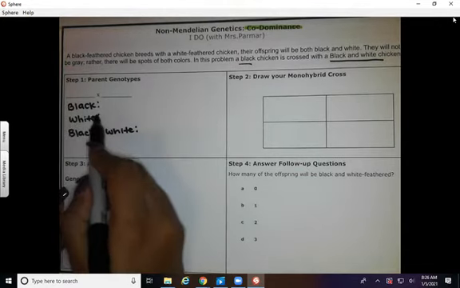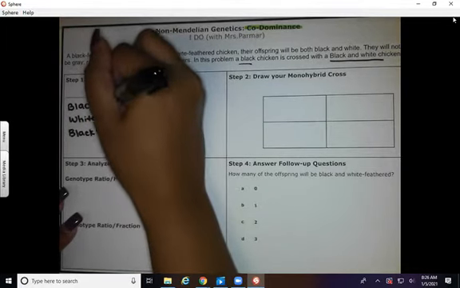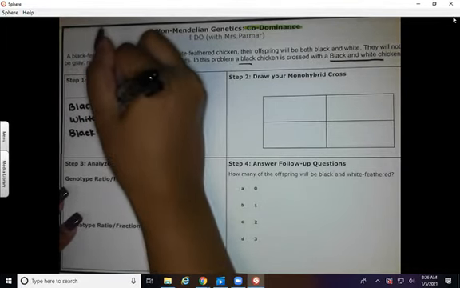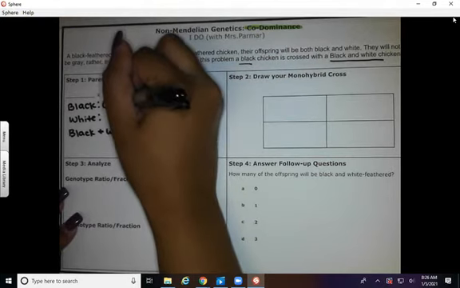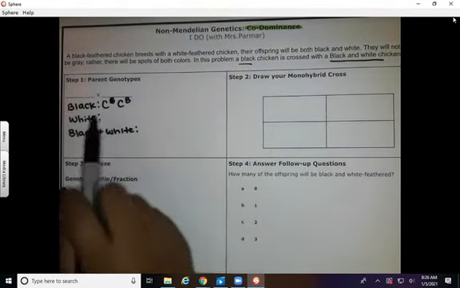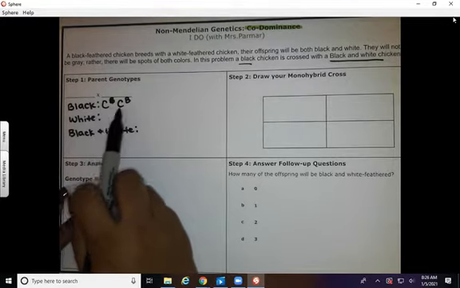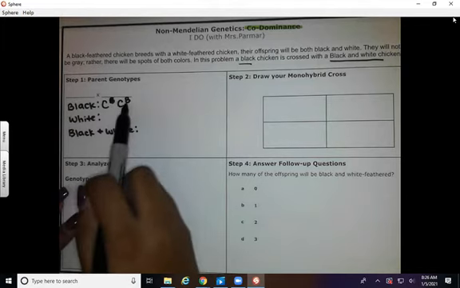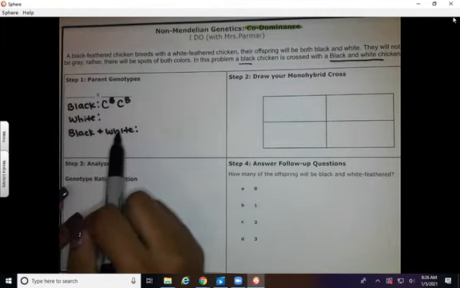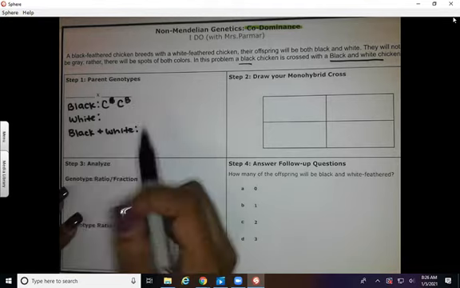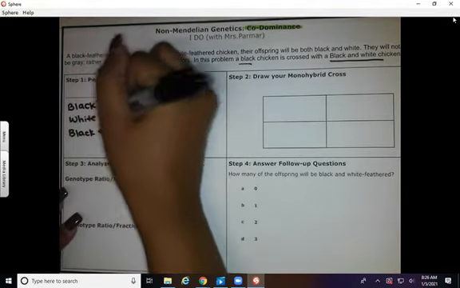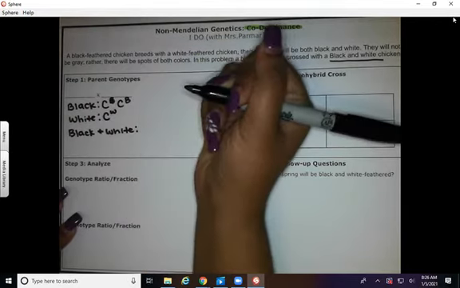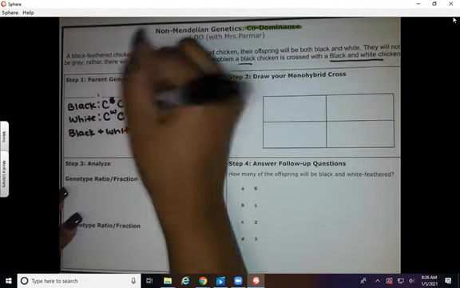For black, and pay really close attention to this, I'm using big C, big B. So the trait itself is for color, I'm using the letter C, but since this is codominance, I'm also going to add a superscript of a big B. For white, it's going to be big C with the superscript W, big C with the superscript W.